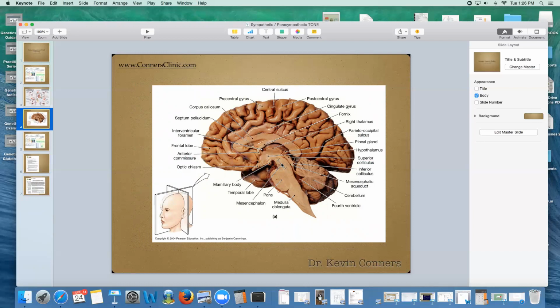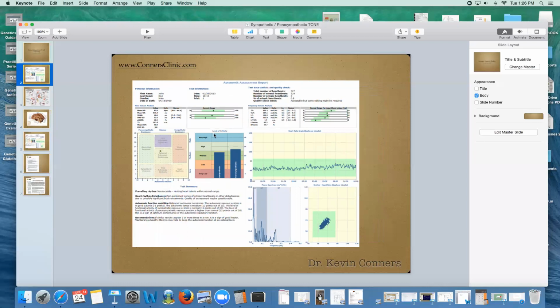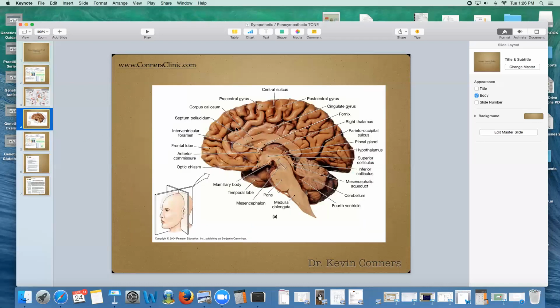Follow me? So from a neurological perspective, if we see on the graph that the person has either one or both of those that are really high through the roof, we want to look at, is there a source of inflammation that's blocking that communication? Is there an issue with the frontal lobe that it's not communicating to the mesencephalon or the pons?